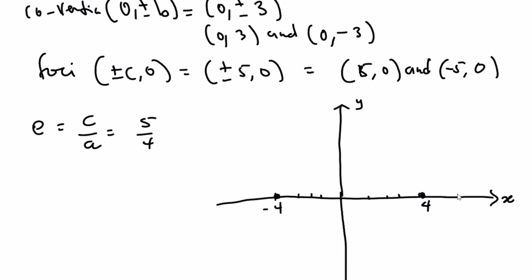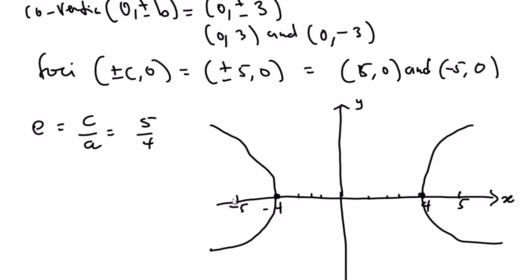So we have 5 here, and negative 5 here. So it means that it is going to be in this form. And this is the focus, which is (5, 0) and (negative 5, 0).